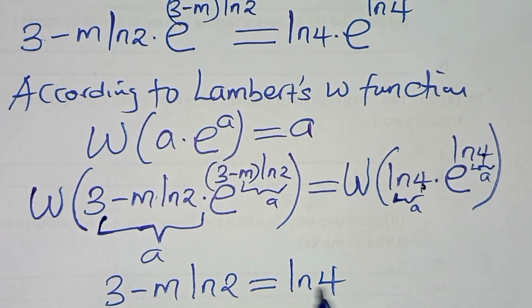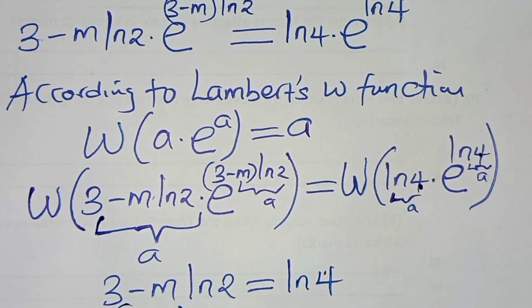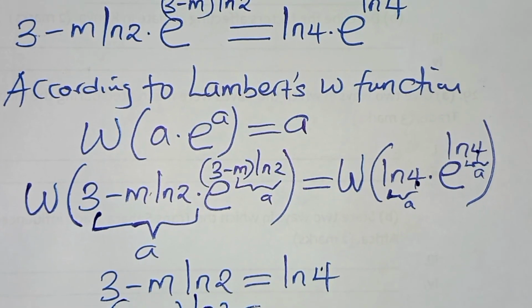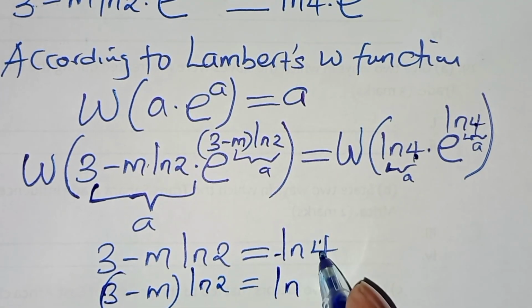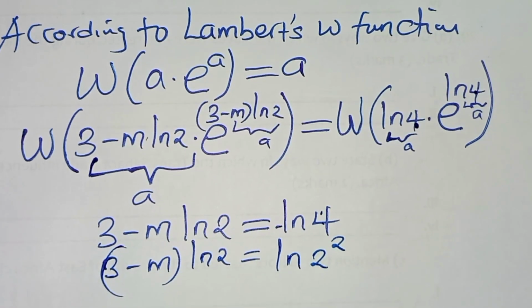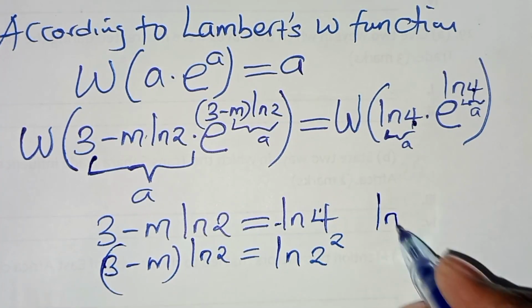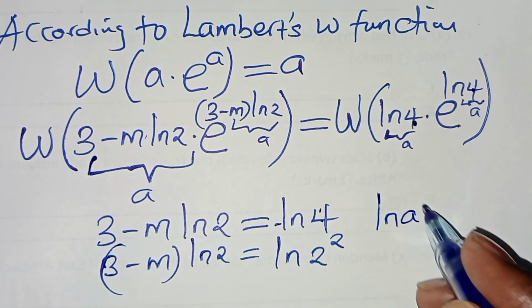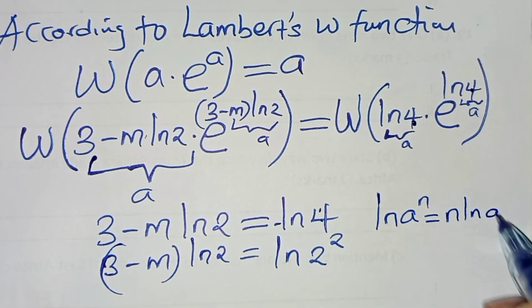The next step from here, we have 3 minus m natural log of 2. This is equal to, we can express this as natural log of 4 can be expressed as 2 to the power 2. Okay, so here if you have natural log of a to the power n, this can be expressed as n natural log of a.